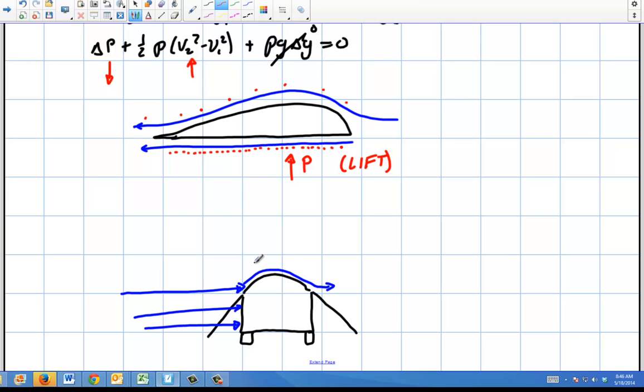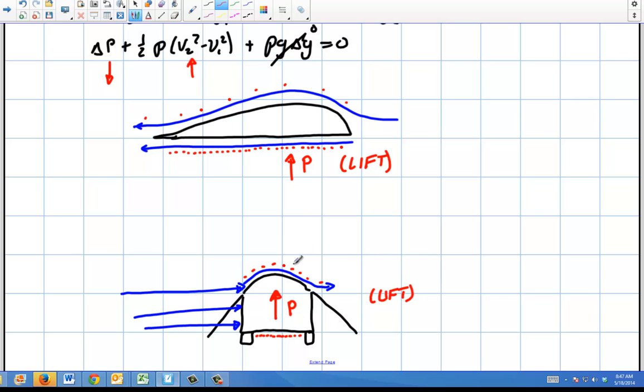So it's going to create a similar effect to what you have on an airplane. We have less pressure on the top because there's less particle density per unit space, and on the bottom there's more, and so it creates a pressure on the home, and that creates lift.